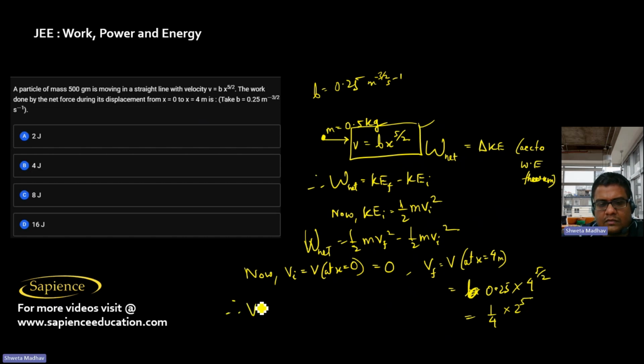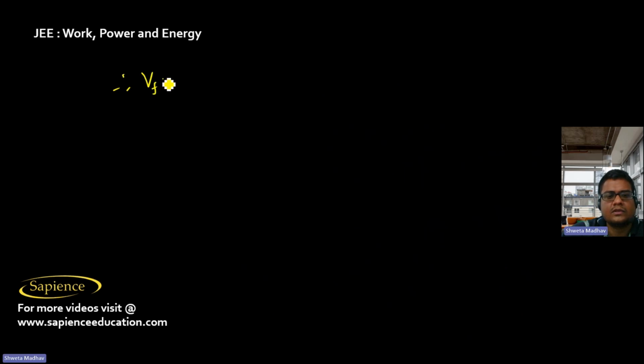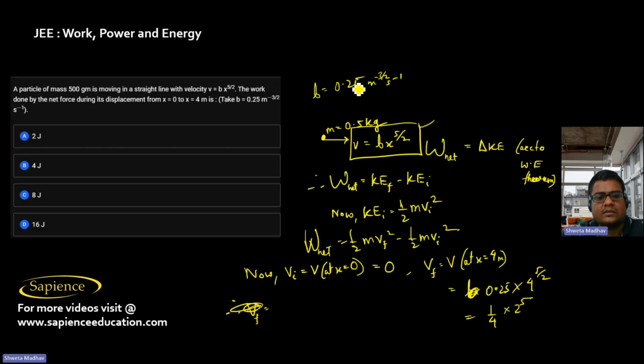Therefore the final velocity will be equal to 1 by 4 into 2 power 5. Now 2 power 5 is 32, 32 by 4, so the final velocity is 8 meter per second when the particle reaches the point x equal to 4. Therefore, the work done by the net force.